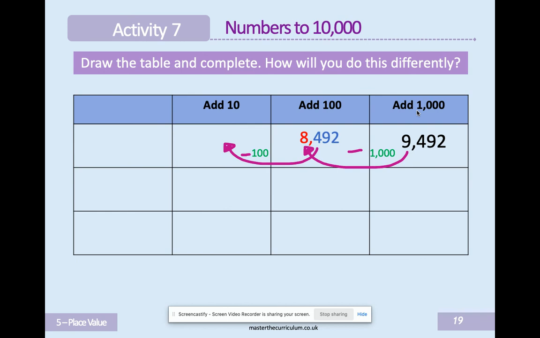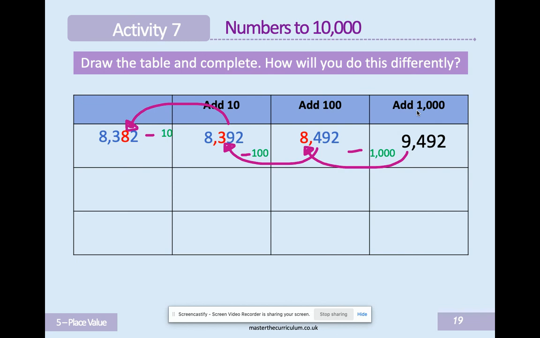So my thousands column stays the same, but my hundreds column is changing from 400 to 300. Instead of adding 10, I need to take 10 away to get to my original number. And the only column that's going to change is my tens column. My 8, the 3 and the 2 stay the same. And that is my answer.